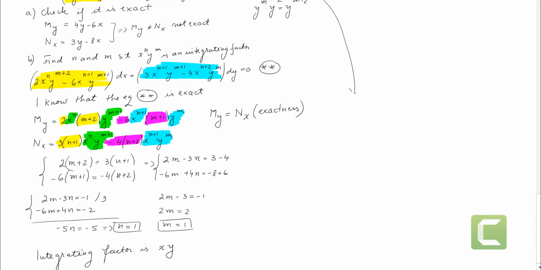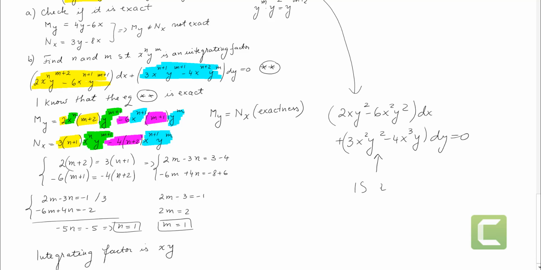When we multiply by x times y, we get 2xy cubed minus 6x squared y squared dx plus 3x squared y squared minus 4x cubed y dy equals 0. This is exact.